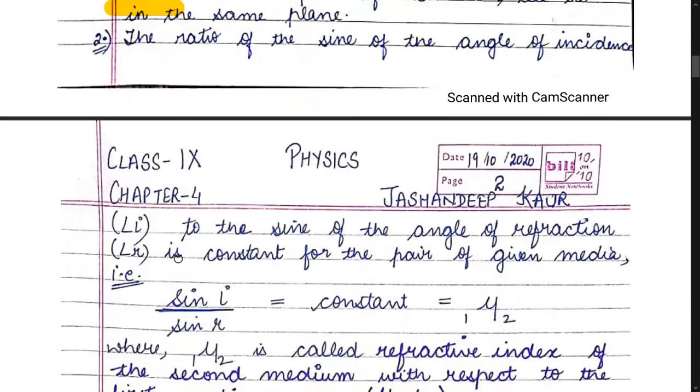Now students, coming to the second point, which is very important: the ratio of sine of the angle of incidence to the sine of the angle of refraction is constant for the pair of given media.